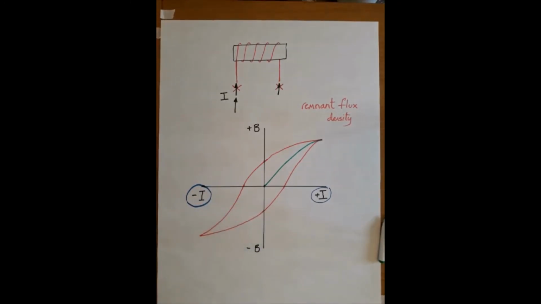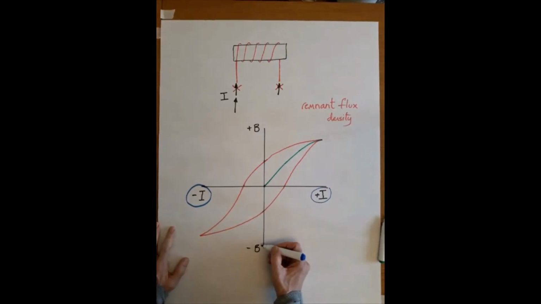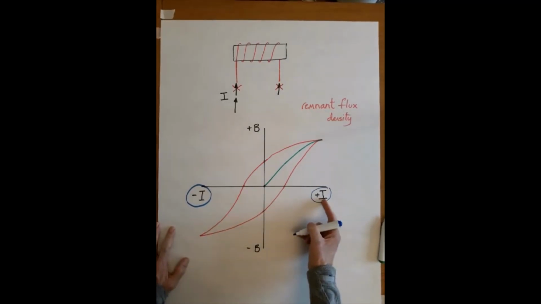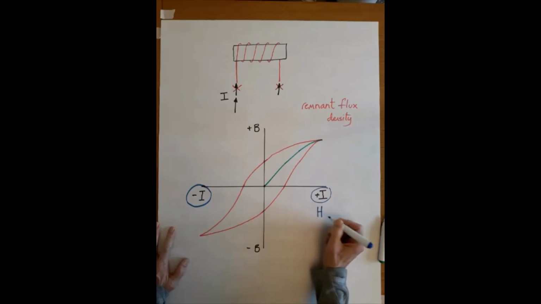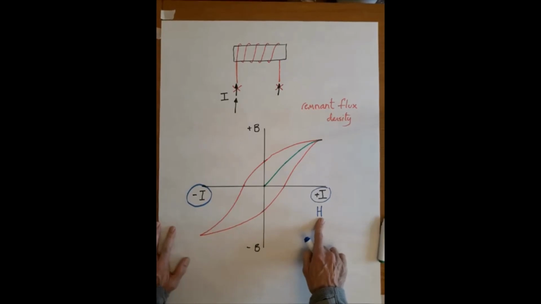Technically, it's not called the current. We have B, and this is not I, this is H. H is the magnetic field strength.